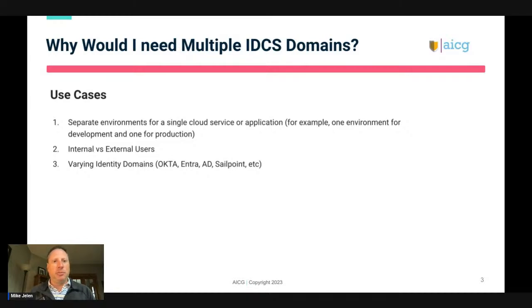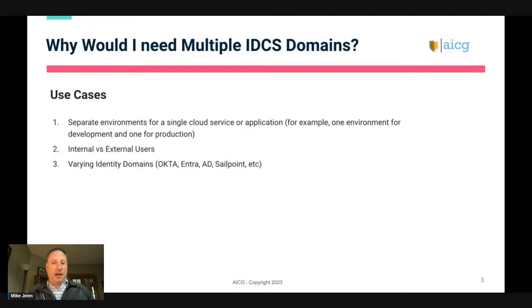SailPoint is going to be your master identity domain in a longer-term project, where you eventually get to SailPoint, and you want to leverage SailPoint, which might contain internal and external users. It could contain users from different identity domains aggregated up through it. So there are lots of different reasons as to why you might need multiple identity domains.